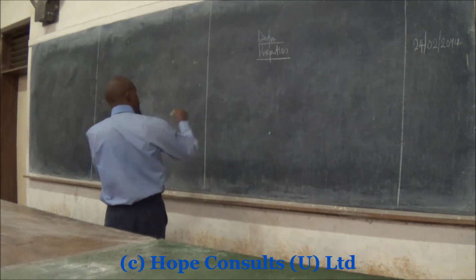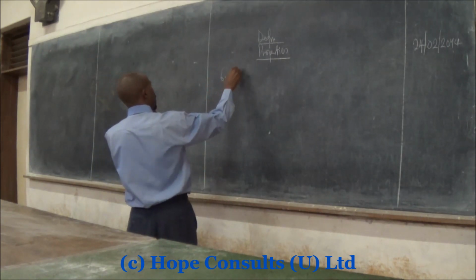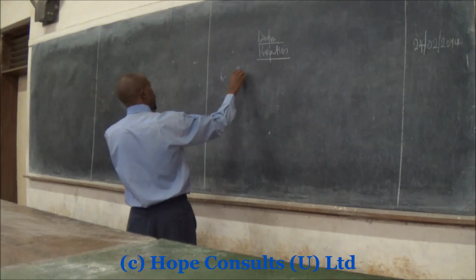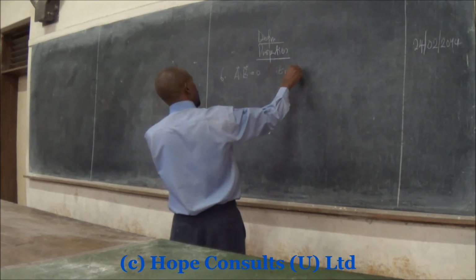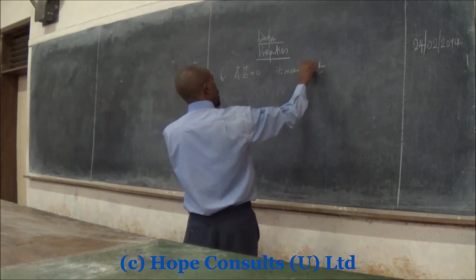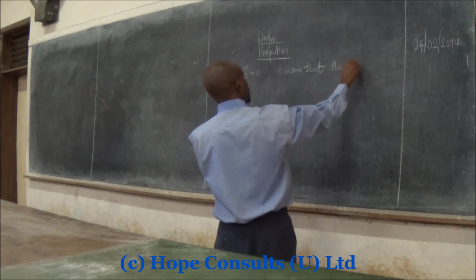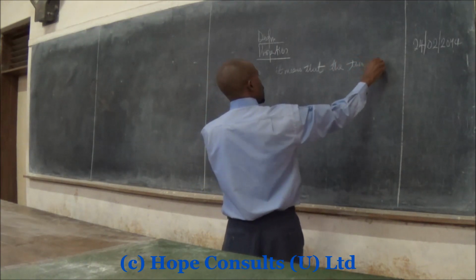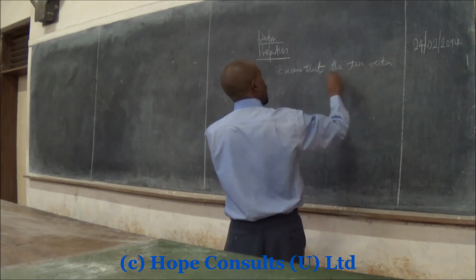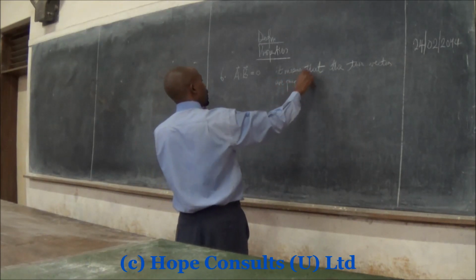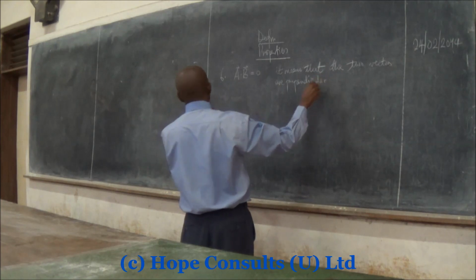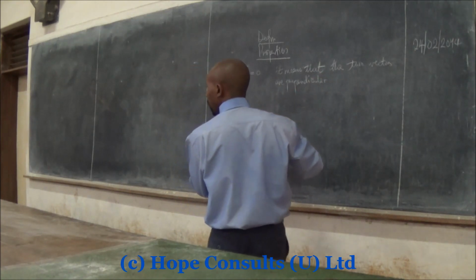When the sixth, we said that when the dot product equals 0, it means that the two vectors are perpendicular to each other.